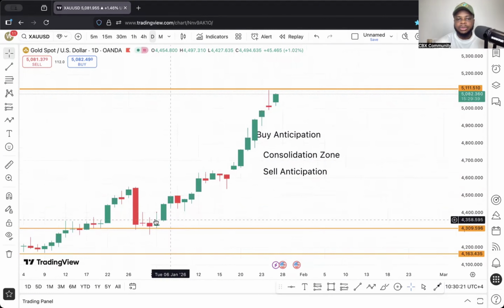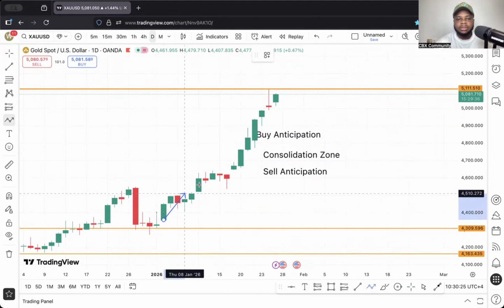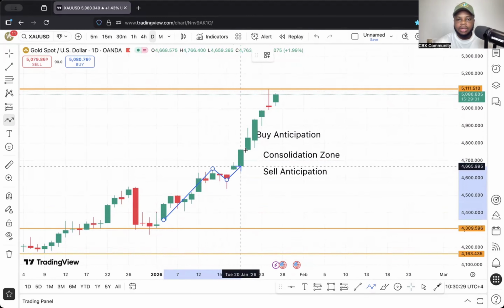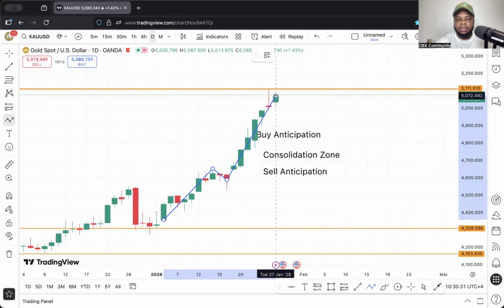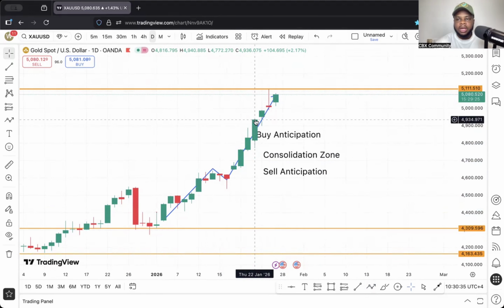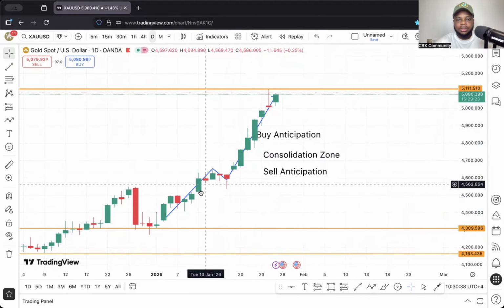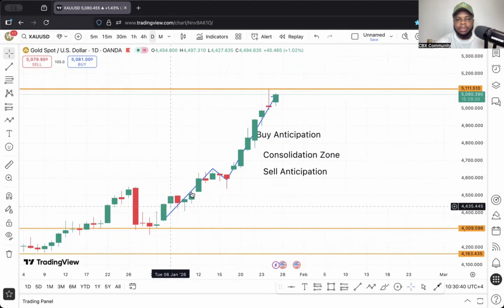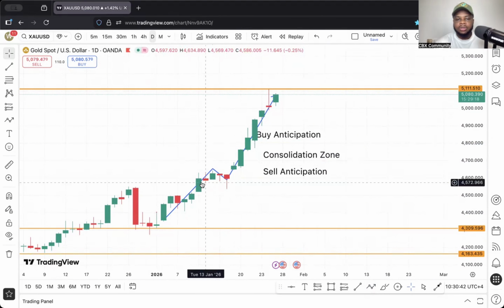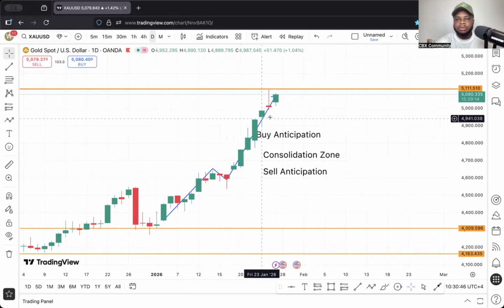So we have an uptrend like this, like how I explained to you guys, that we'll have a higher high and a higher low and a higher high. So this place created a higher high and a higher low to form a support zone over here. So we are in an uptrend.